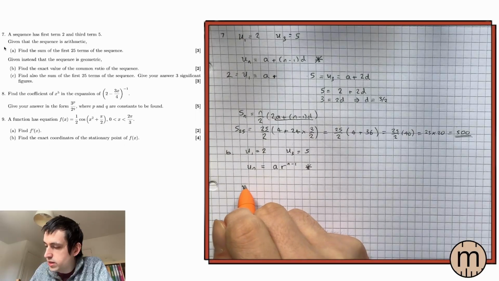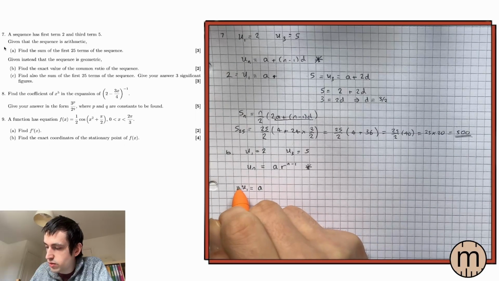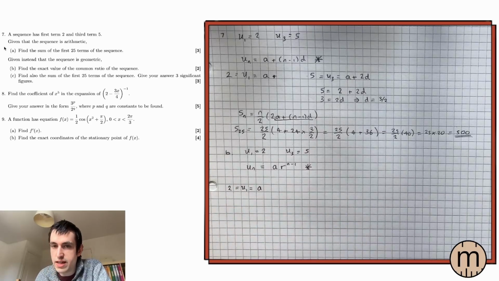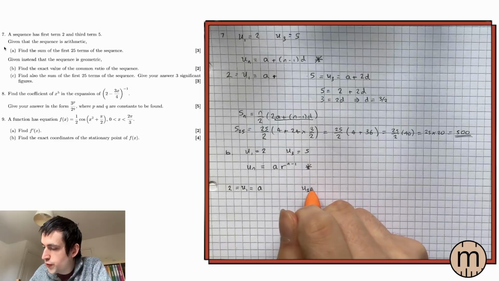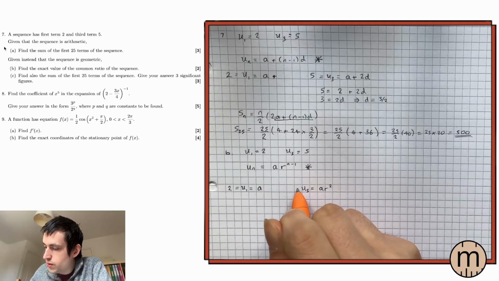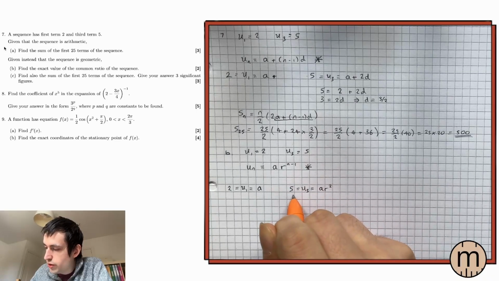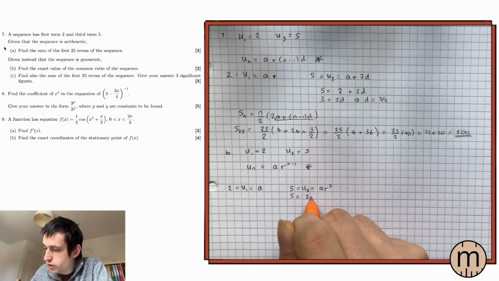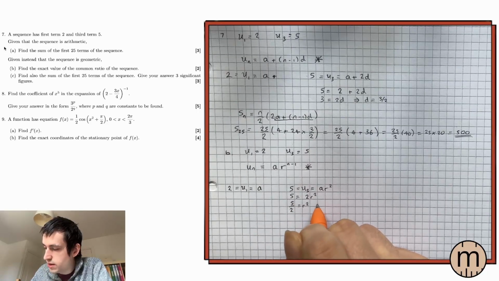So we are still given that U1 is equal to A. So we can still use the fact that A is equal to 2. And now by considering U3, this will be A R to the power of 2, and U3 is still 5. A is still 2, so 5 is equal to 2r squared. 5 over 2 is equal to r squared.